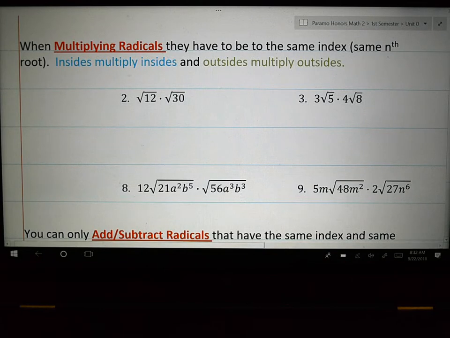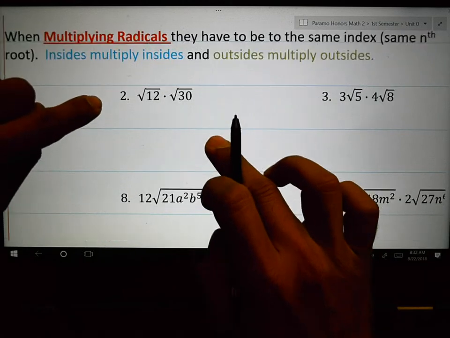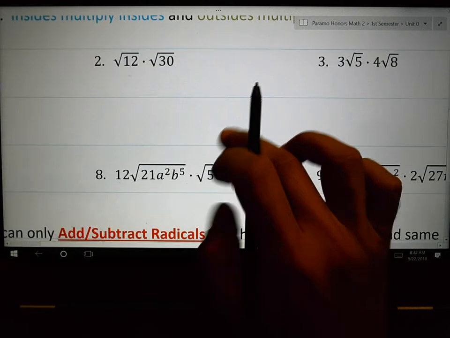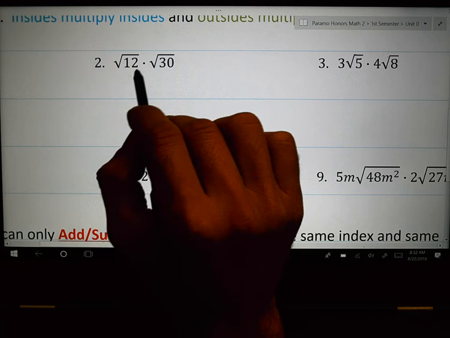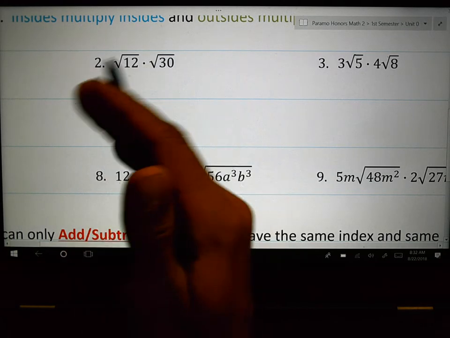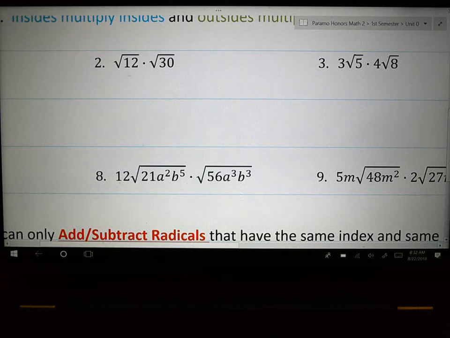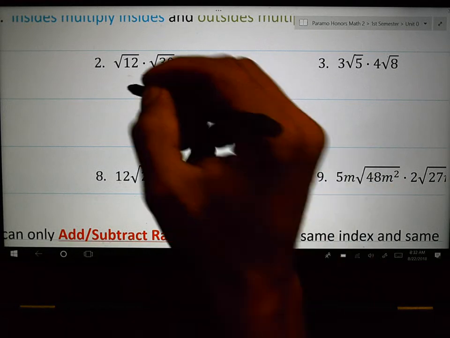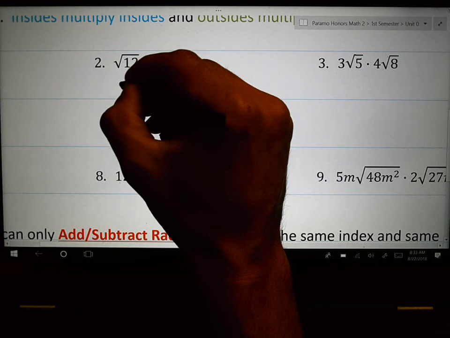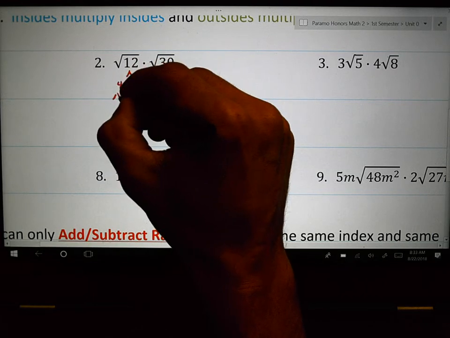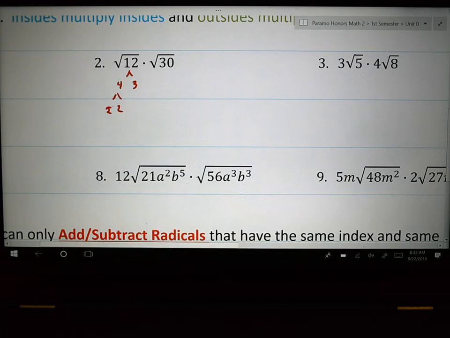Let's look at an example. Number 2. Number 2 says root 12 times root 30. Well, this is inside, that's inside. Instead of making it bigger and then breaking it apart, I'm going to recommend that you break it apart first. Root 12 is the same thing as root 2 times 2 times 3. 2 times 2 is 4 times 3 is 12.